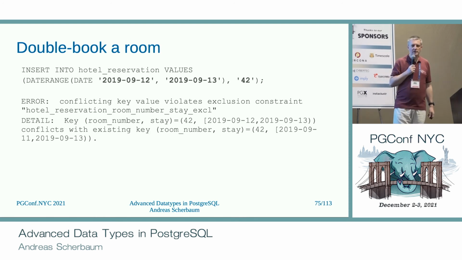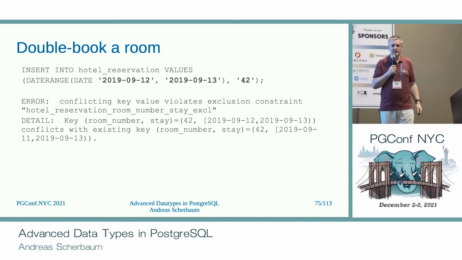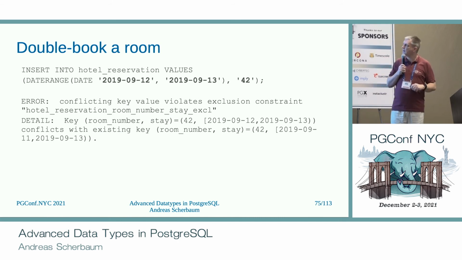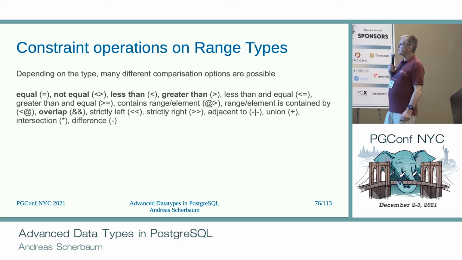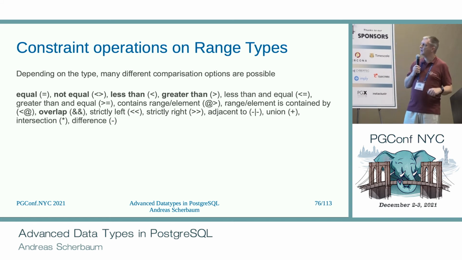You cannot enter this line into the database because you have either the same room number or you have overlapping time ranges. There's a couple more things you can exclude on. Most common ones are probably equal, not equal, less than, greater than, and overlap. But Postgres offers a lot more.